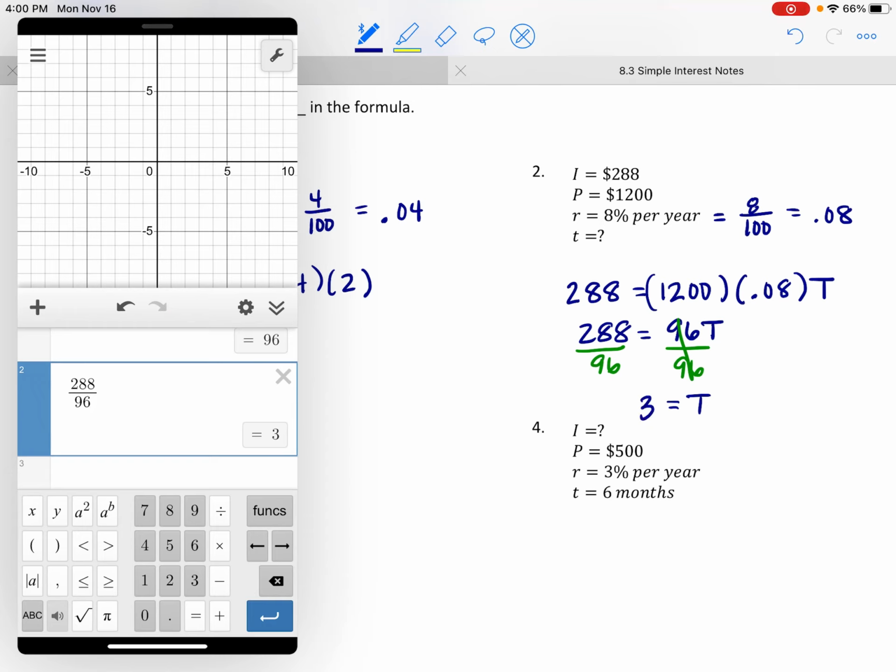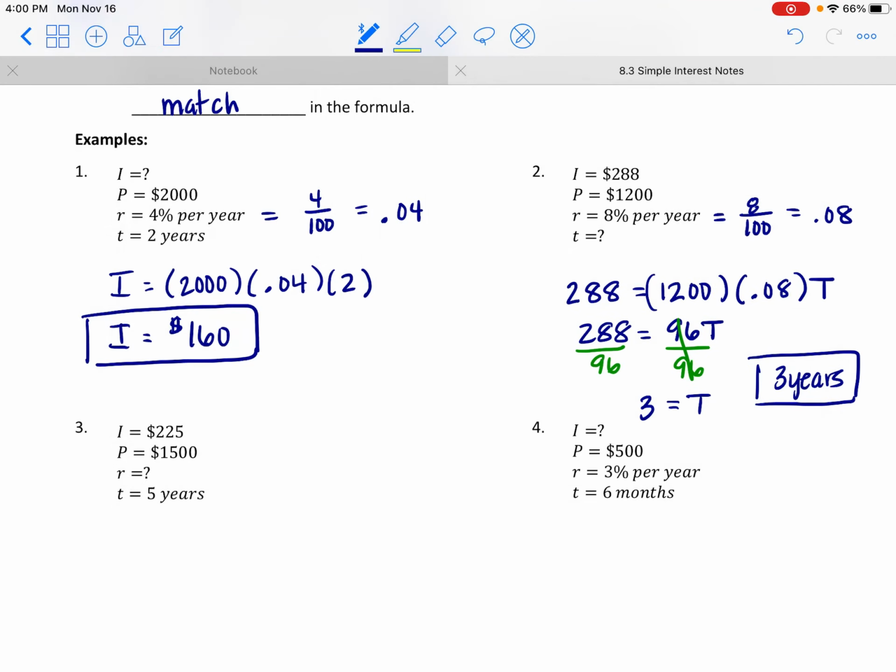So t has to equal 3, and because that's a rate per year, this is a time in years, so we're going to say 3 years for this one. So if you invested $1,200 at 8% for 3 years, then you could have $288 earned in interest, or paid as a fee if that were a loan.